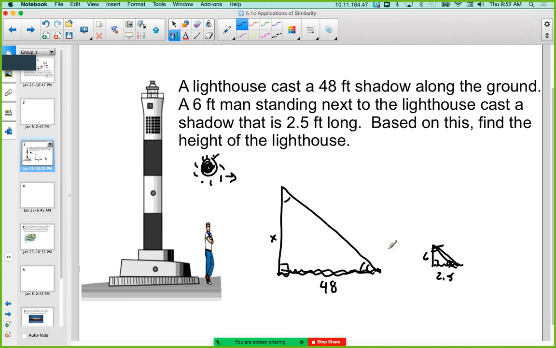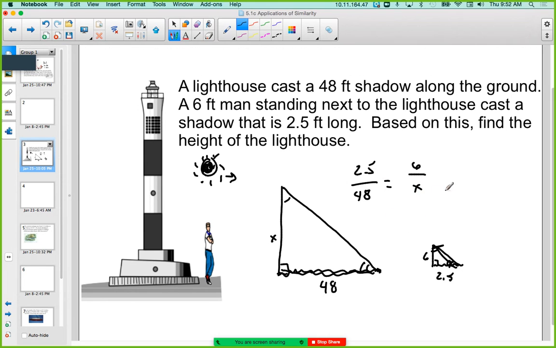Again, there's a lot of different ways to set this up, but that's why I like to draw the pictures so I can really identify the corresponding parts of the similar triangles when I set up my proportion. So I'm going to go ahead and do the same thing. I'm going to do shadow length of the man to shadow length of the lighthouse equals height of the man to height of the lighthouse.